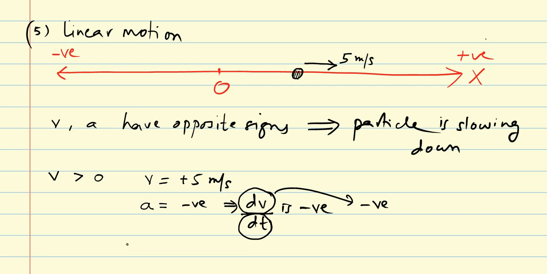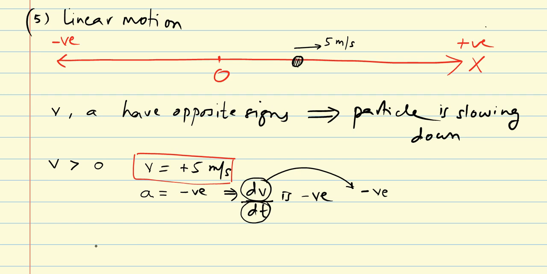The conclusion is that V changes by a small negative value, but the original value of V is given to be 5 meters per second. We have taken it as an example, and so if V, which was first 5 meters per second, changes by a small negative amount dV, then this 5 meters per second is going to become a velocity which is still positive, but a bit smaller than 5 meters per second.